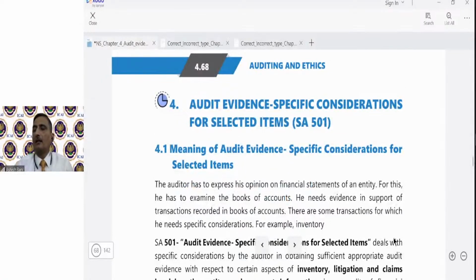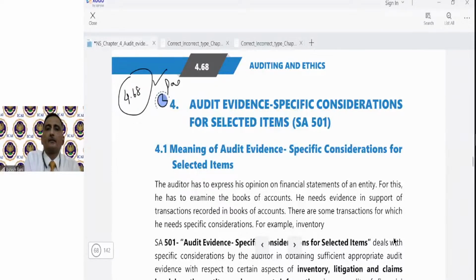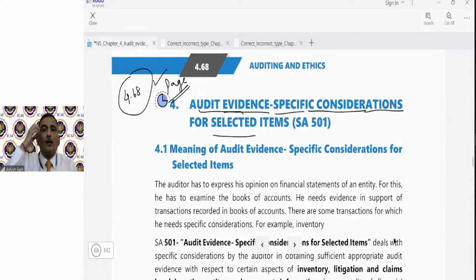So we are at page 4.68 of your module, guys. SA 501 relates to audit evidence, specific considerations for selected items.